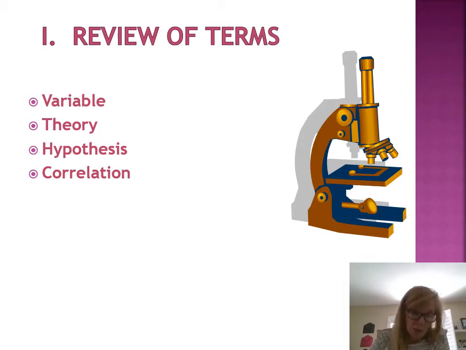A correlation. Now, a correlation is not the same as a correlation coefficient. A correlation coefficient, as you probably remember from statistics, is the way the relationship between 2 variables is quantified, so it's a numerical value.